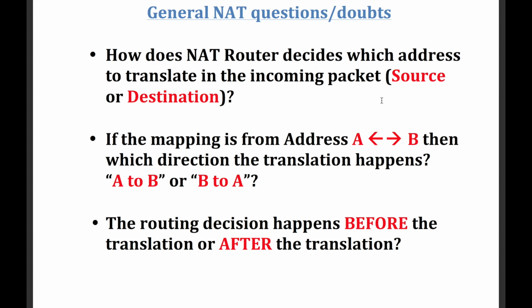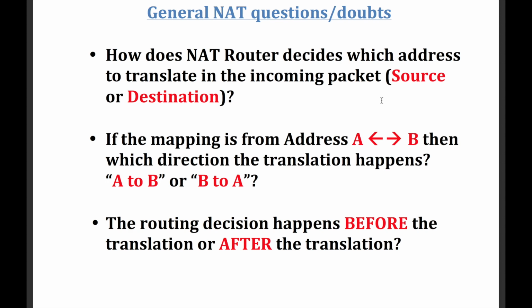It can be a range or a single IP to single IP, depending on which kind of NAT you are using. But there are always two IP addresses involved: one that needs to be matched in the packet and one that will be the translated one. But are we going to translate in the direction of A to B or B to A? So how is that decided?